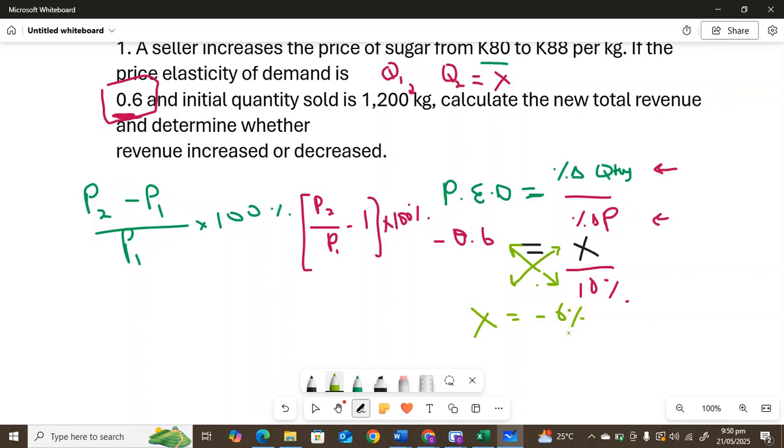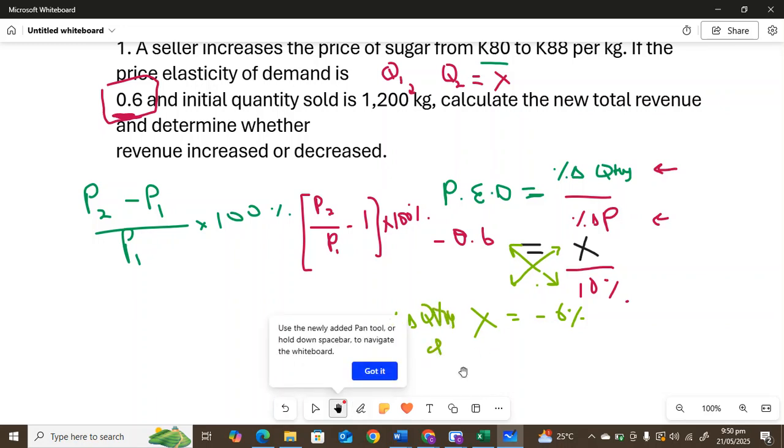So the percent change in quantity demanded drops by 6%.